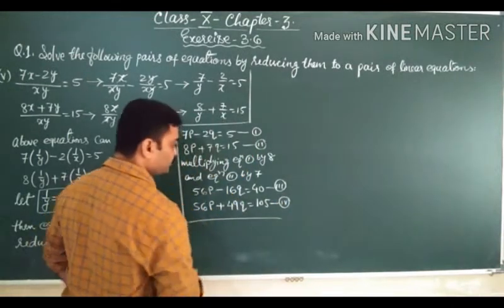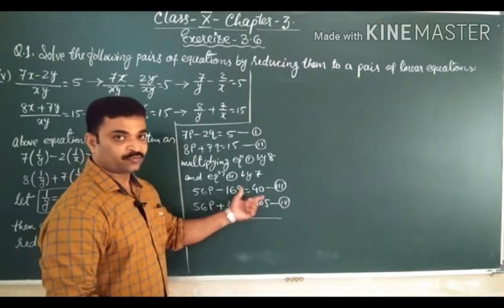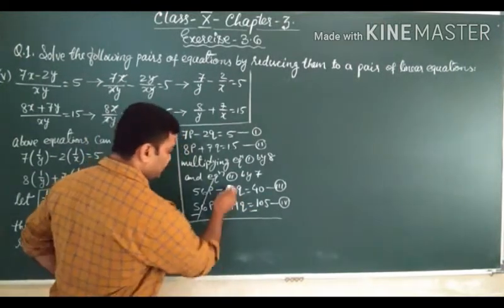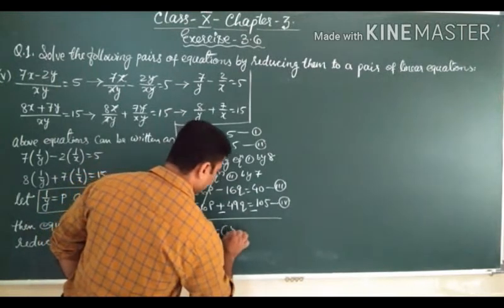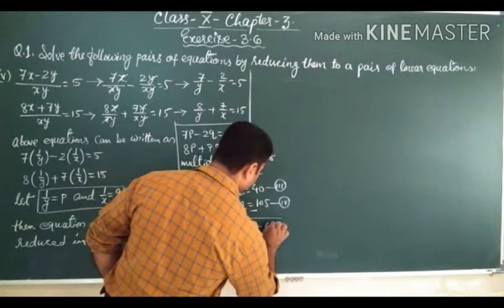Now solving these two equations, simply subtract equation 4 from equation 3, change the sign, these two cancel, and we get -65q = -65.